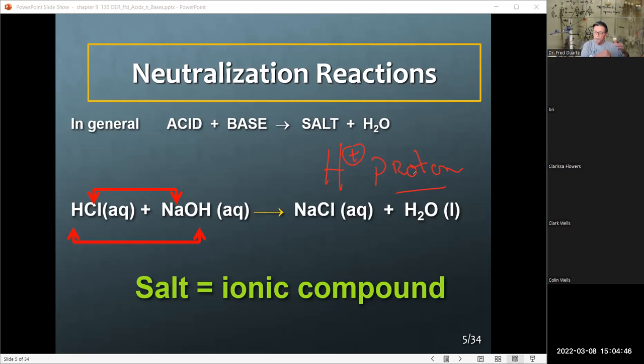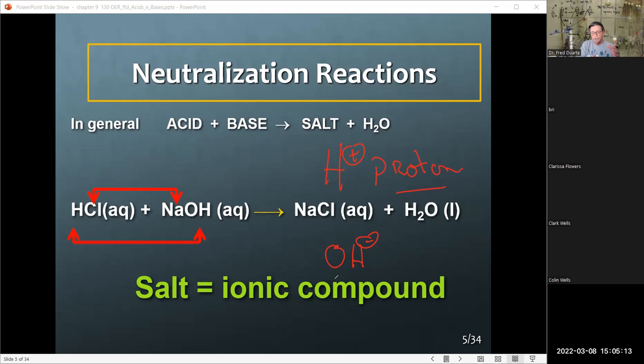With respect to the Arrhenius definition, a base was anything that produces a hydroxide polyatomic ion. When we deal with acids and bases, we're dealing with aqueous solutions. So anything that produces is essentially telling you, when I put it in water, I'm going to produce a proton or I'm going to produce a hydroxide.